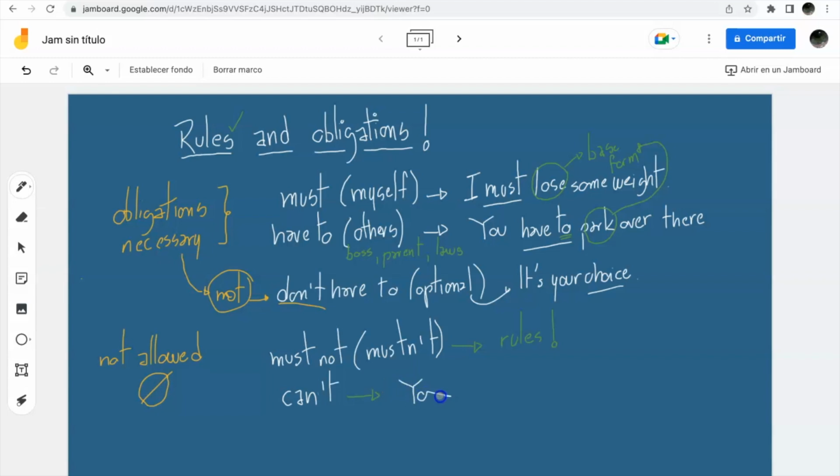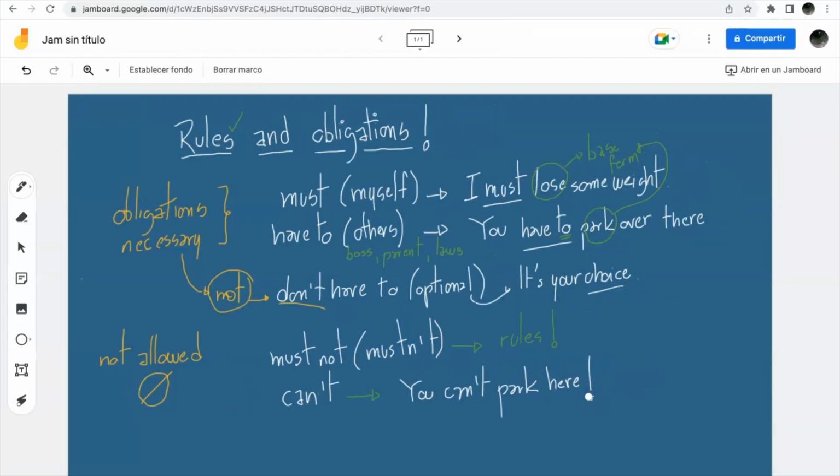Okay? For example, you can't, you get the idea, right? You can't park here. You can't park here. It is prohibited.